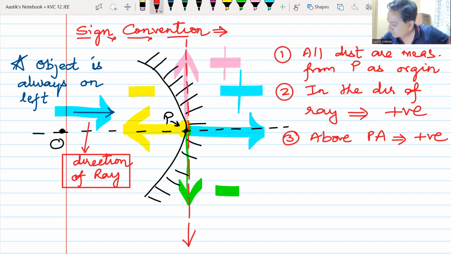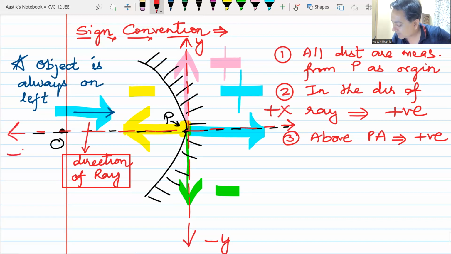Now, what I'm going to do is I'm going to draw this. This becomes my minus y-axis and this becomes my plus y-axis. Then I'm going to draw this. This becomes my positive x and this becomes my negative x.